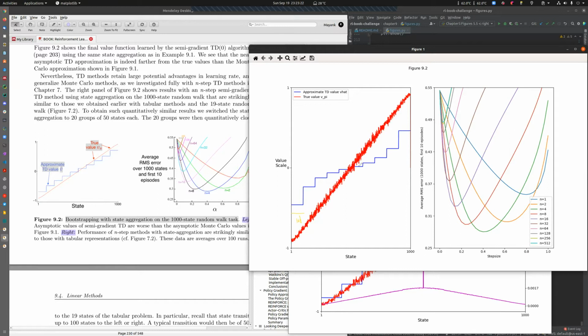You can see here, these are the true values, and these are the approximate values. Sorry, the red line is the true value.